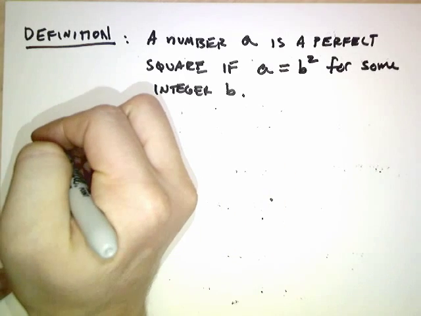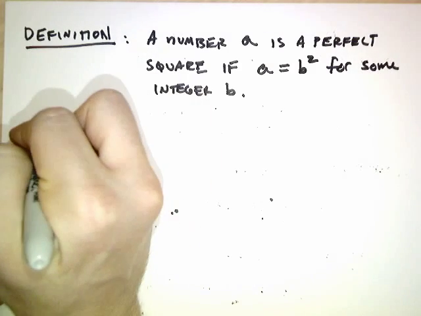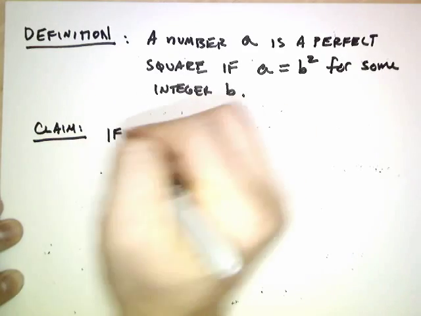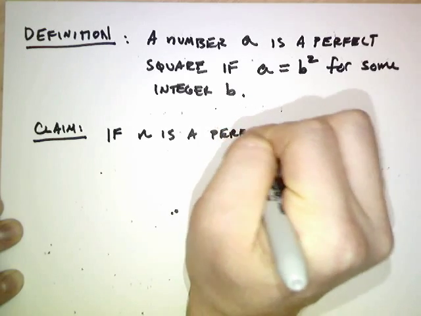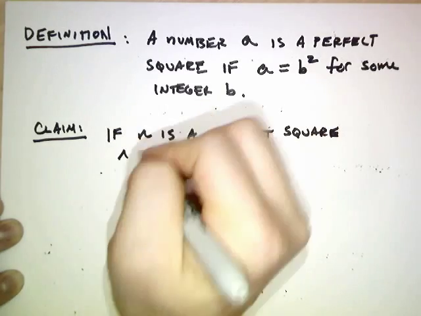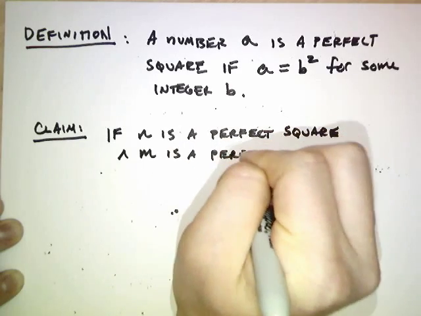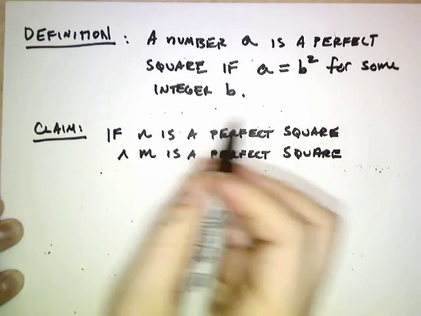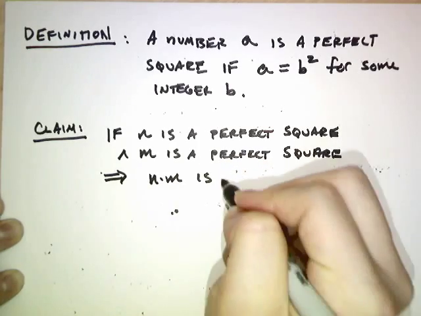Okay, so what mathematical statement would we like to prove? Our claim here is going to be the following. If n is a perfect square, and m is a perfect square, then this implies that n times m is a perfect square.